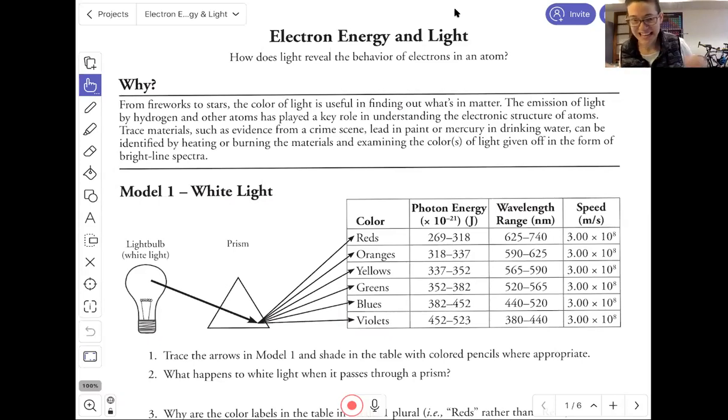So, has everybody played with a prism before at some point, either not even necessarily in class, either with an actual technical prism or with a piece of glass that acts as a prism? No? What does a prism do?